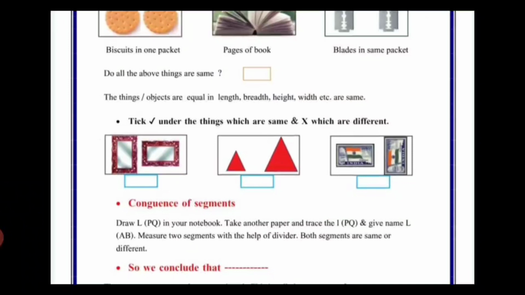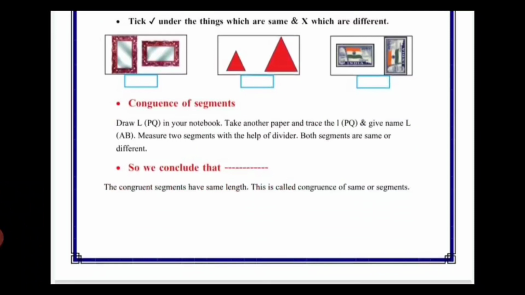We all know the segments having equal length are known as congruent segments. So what we can conclude, the congruent segments have the same length and this is called congruence of segments. Let us see what we have to solve in this activity sheet number 3.